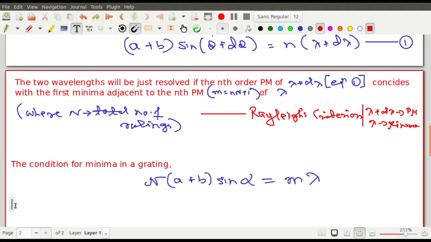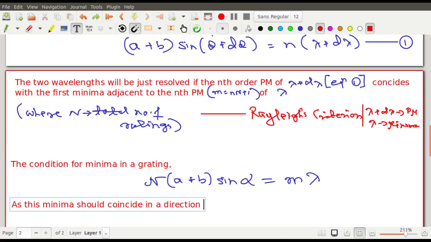So I write it next, as this minima should coincide in a direction given by equation 1. The direction is given in equation 1, it is theta plus d theta, so we must set, what should I set then?